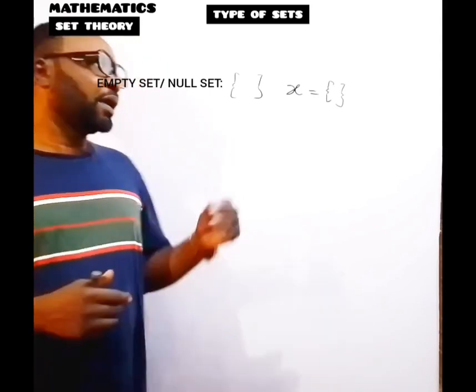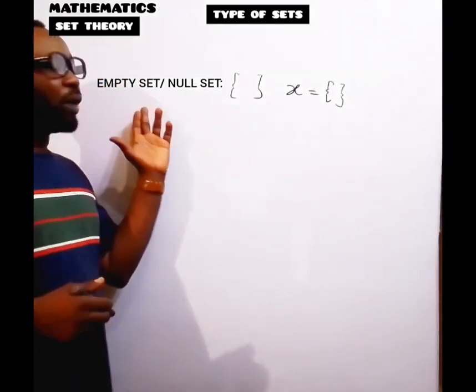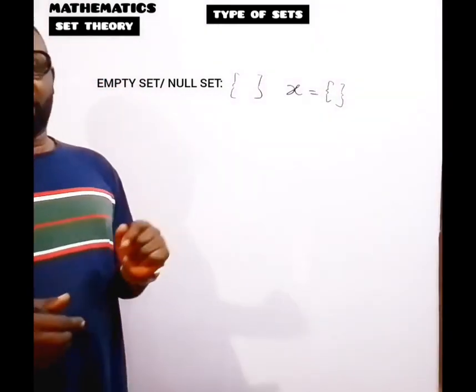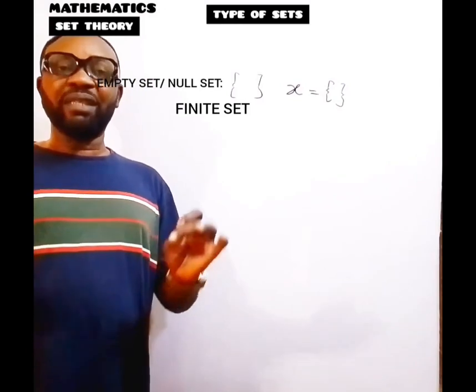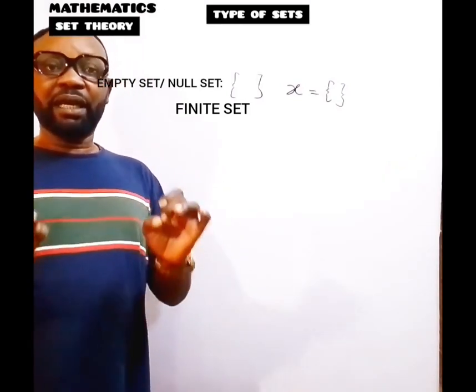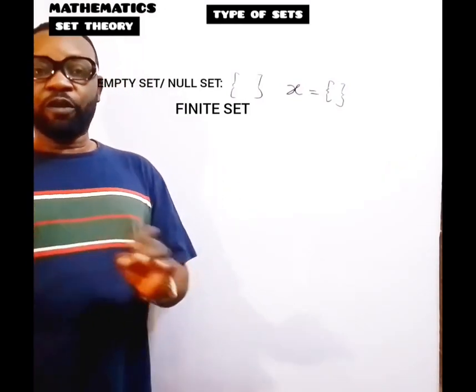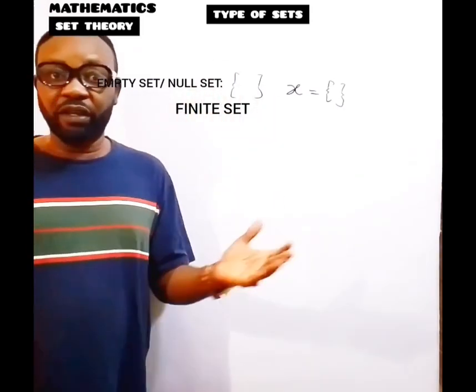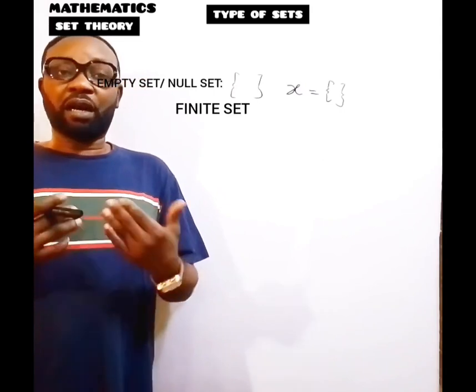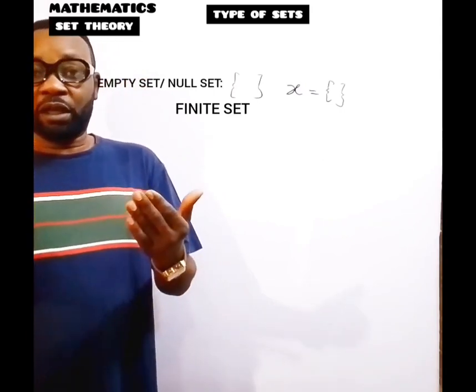Other set types I'm going to talk about is the one we call the finite set. Finite set, as the name implies, means something that is limited. It has an end. For instance, there are a lot of finite sets that we have: number of cars we have in a particular place, it can be counted.